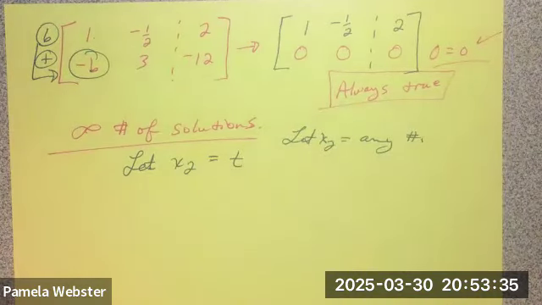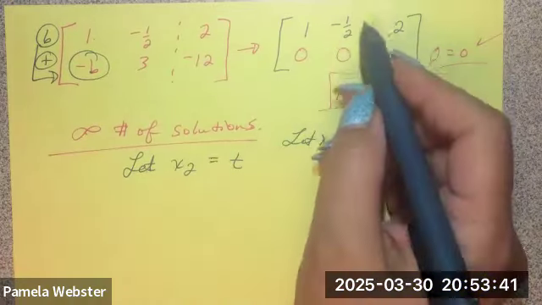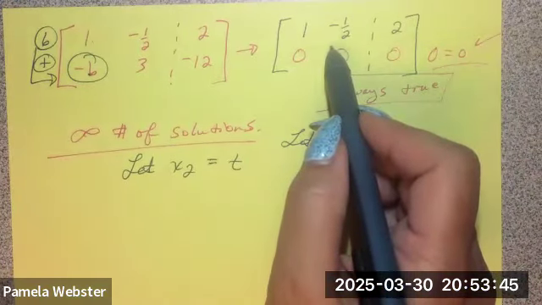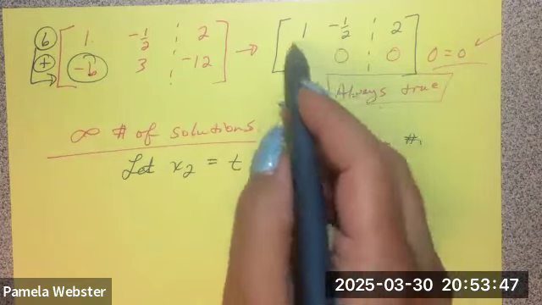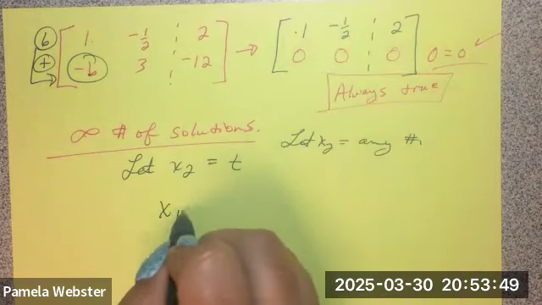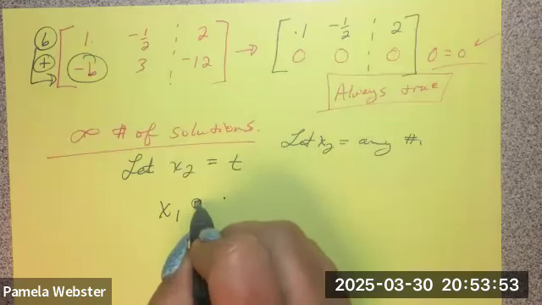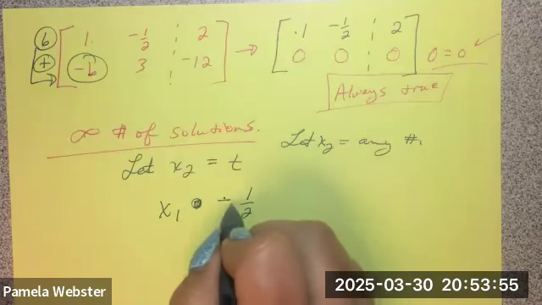Okay, well, fine. So if that is true, then what does this top row tell me? Just work your way through it. If x sub 2 is t, then x sub 1 minus 1/2 x sub 2.